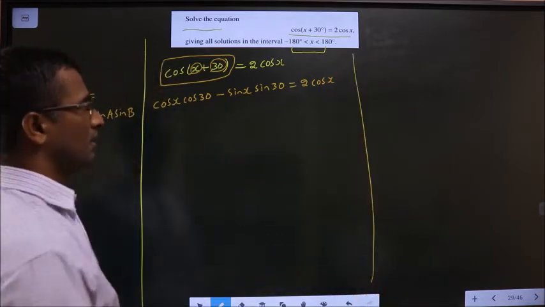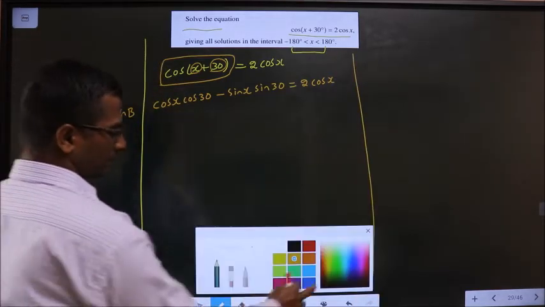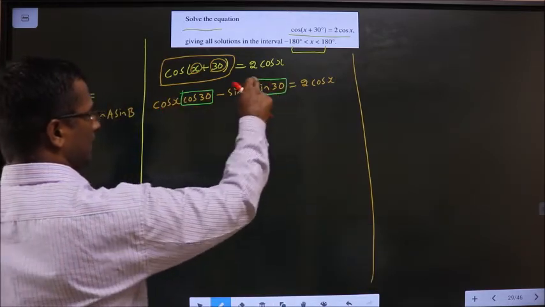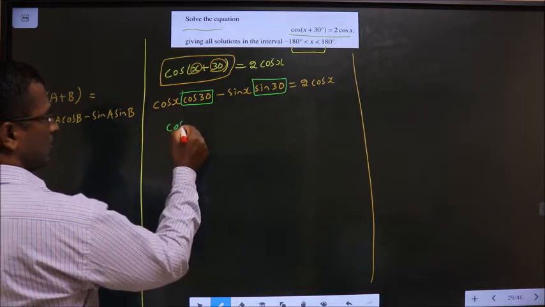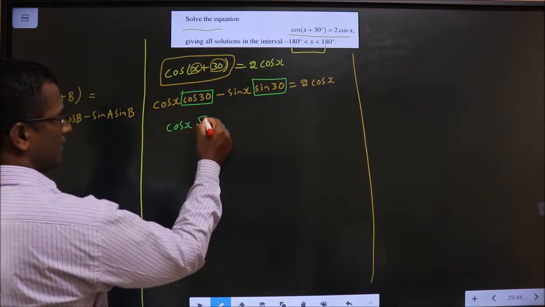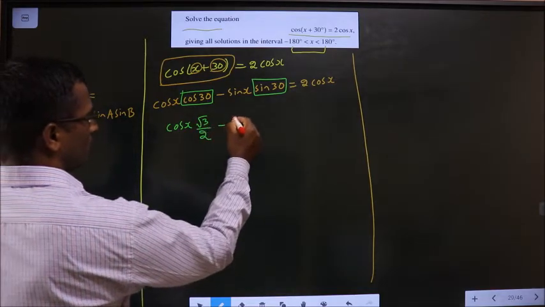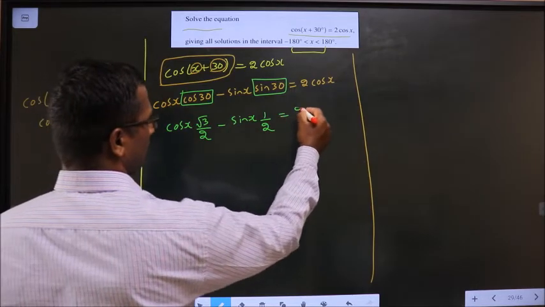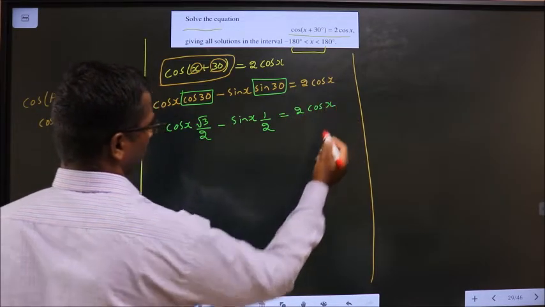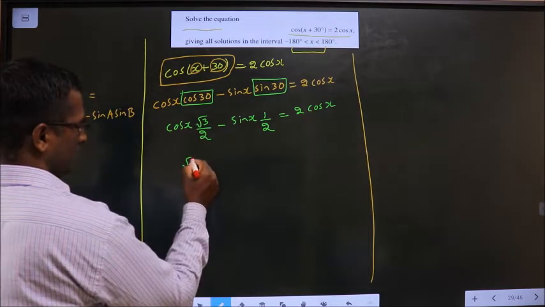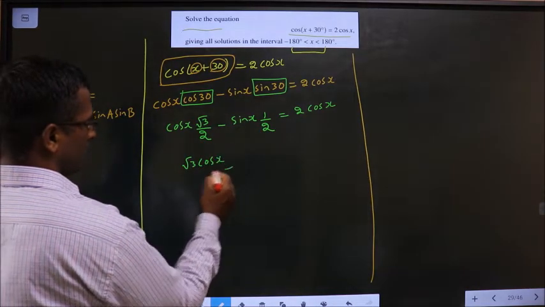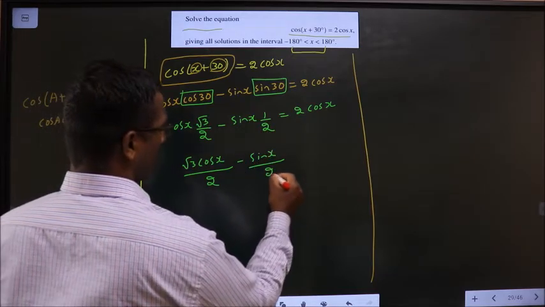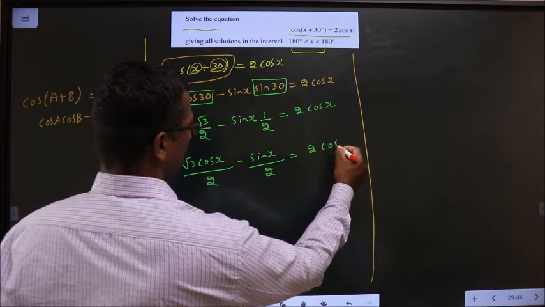Okay, next. How do we simplify next? Replace the value of cos 30 and sin 30. So this will become cos x times cos 30, which is root 3 by 2, minus sin x times sin 30, which is 1 by 2, equal to 2 cos x. Next, this is root 3 cos x by 2 minus sin x by 2 equal to 2 cos x.